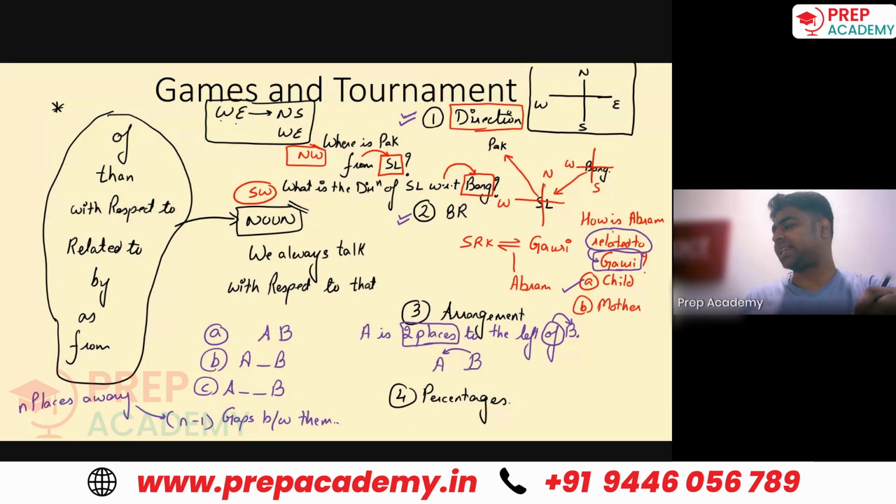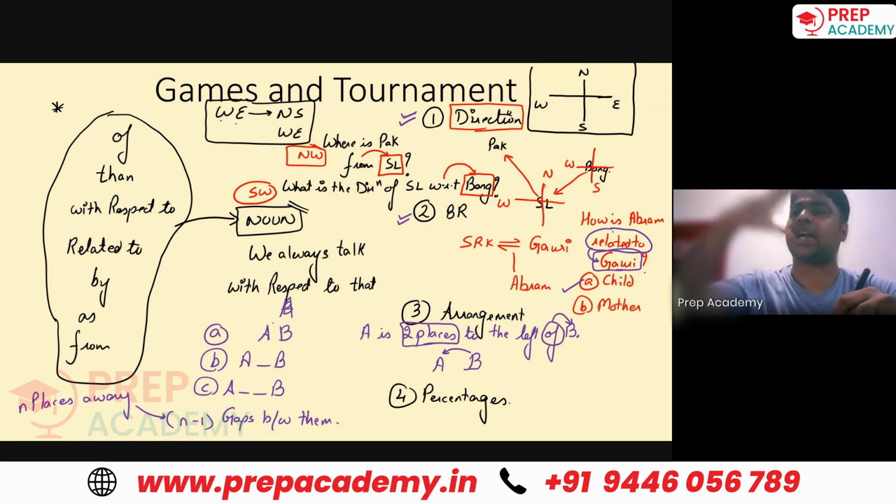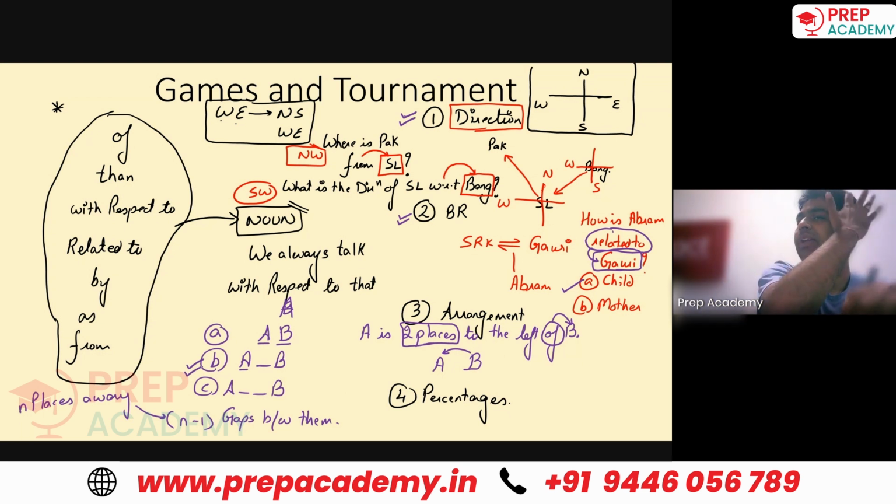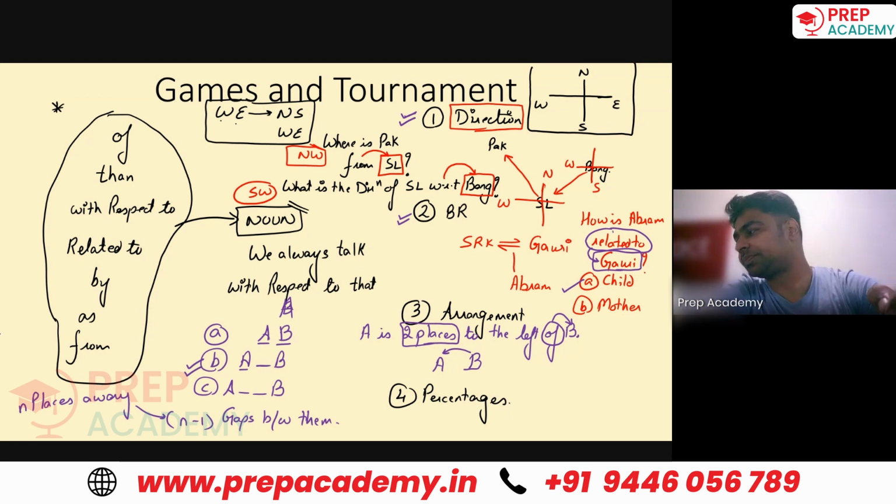So two places away, or say 0 places away, means if B is sitting here, A would be sitting on top of that. 1 place to the left here, 2 places to the left means 1 place and the 2 place. So yes, you were very correct. This would have been the answer. Understood?